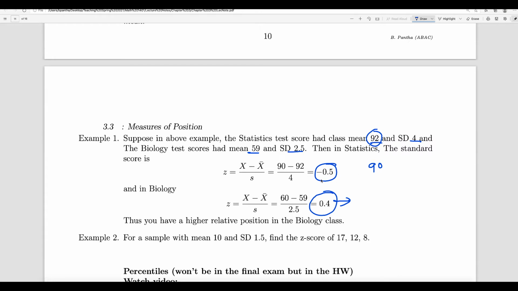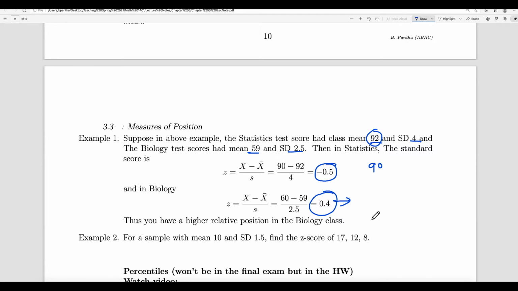That means from here we can say that your score is 0.5 standard deviation below the class average. Similarly, in biology, you use the same formula, you get 0.4, meaning it is positive, so it is above. Your score in biology is 0.4 standard deviation above the class average. So you can say that you did better in biology.